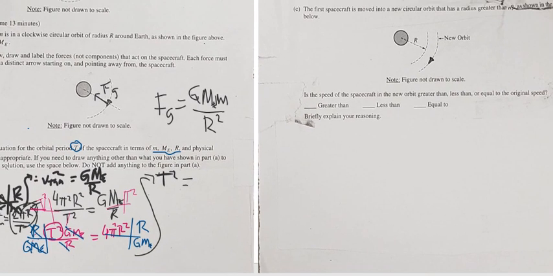So t squared equals, let me put the number first, 4, and then anything that's not squared, pi squared, and then that looks like r squared times r, so it's r cubed, over gravitational constant, mass of the Earth.